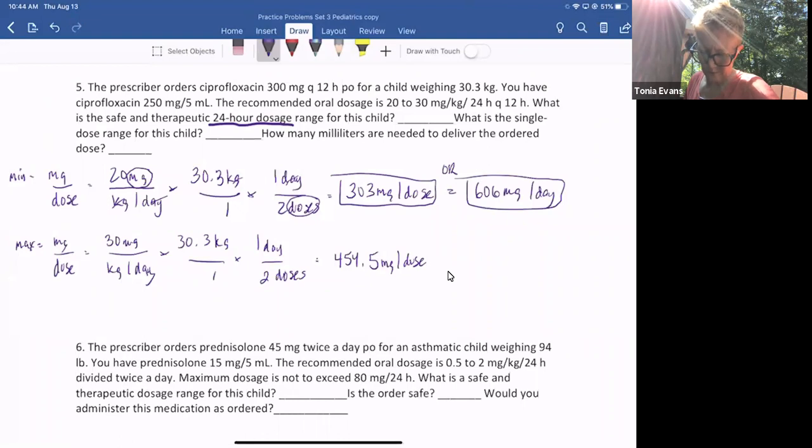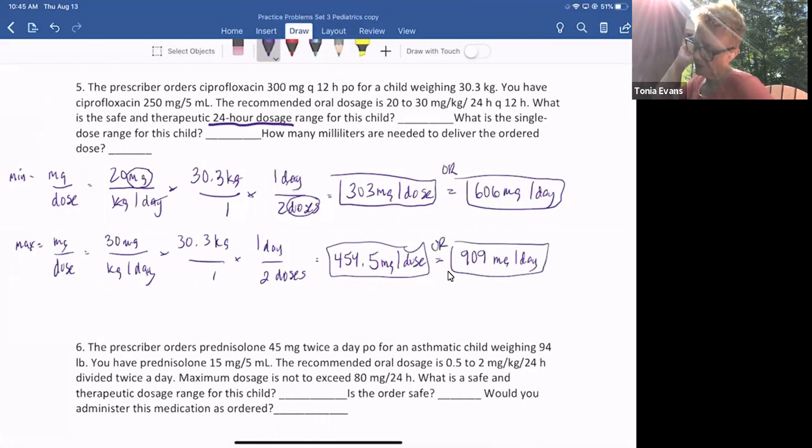If I want to skip that step that I just did, 30 times 30.3 equals 909 milligrams per day. Okay.